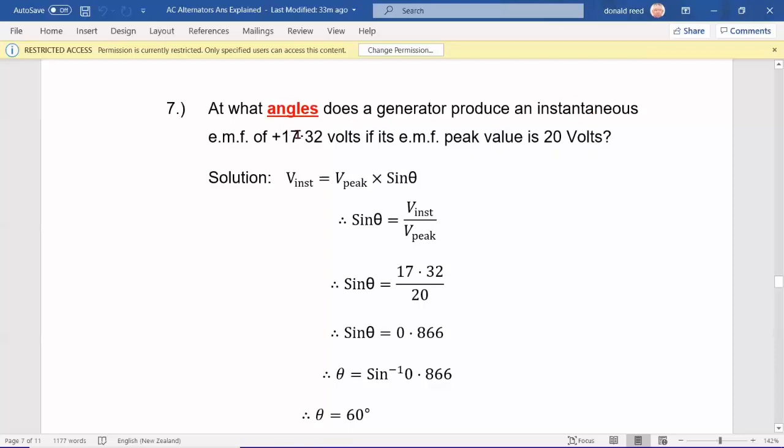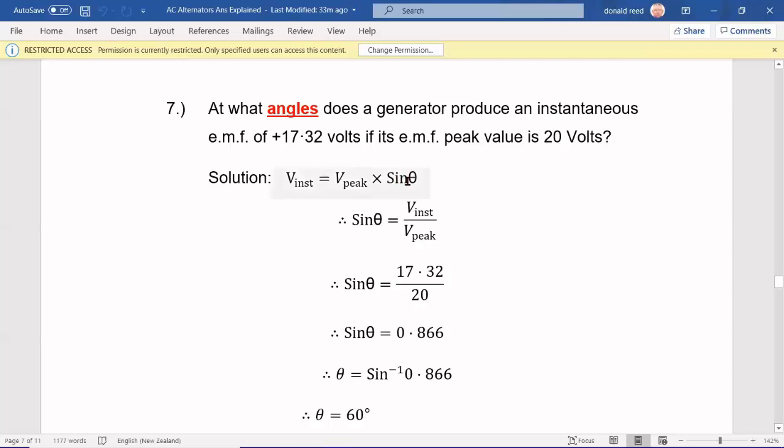Okay, so we're given 17.32 and 20 volts. Let's have a look at the formula. V instantaneous equals V peak multiplied by sine theta.